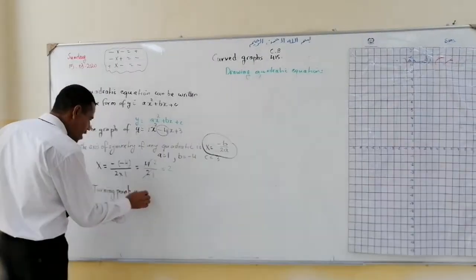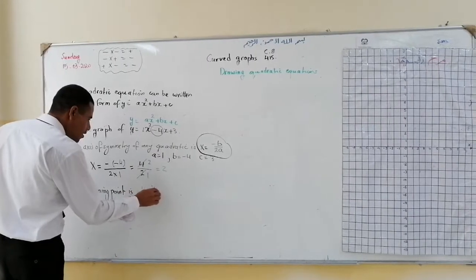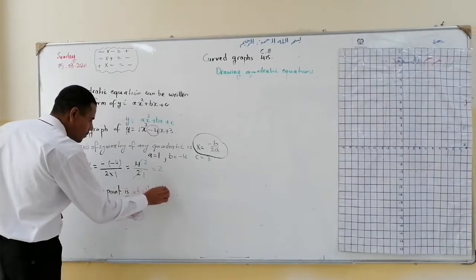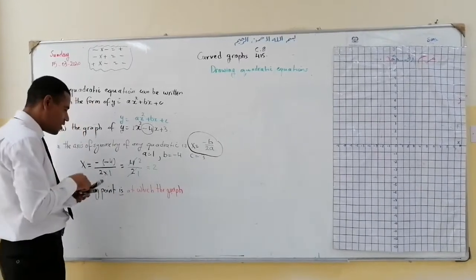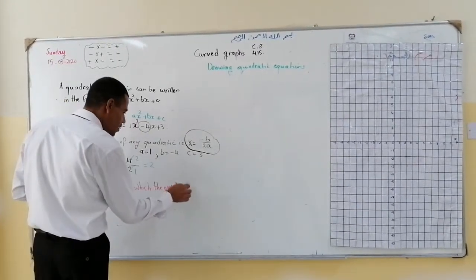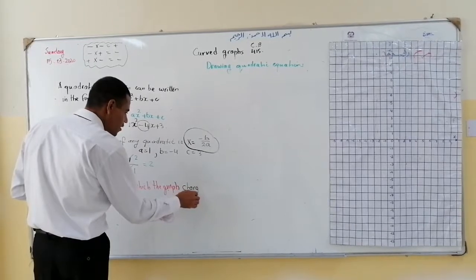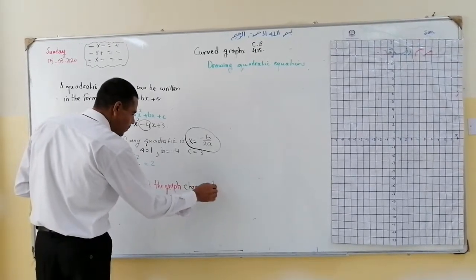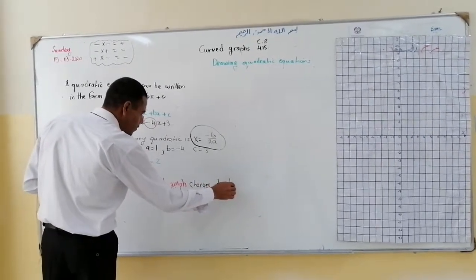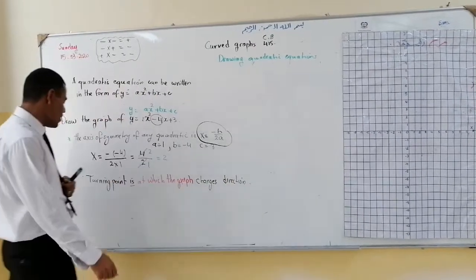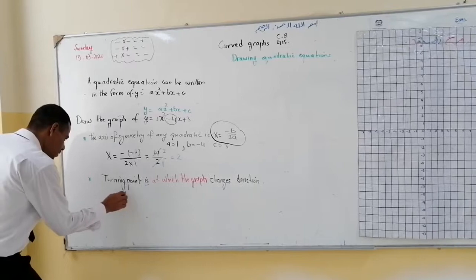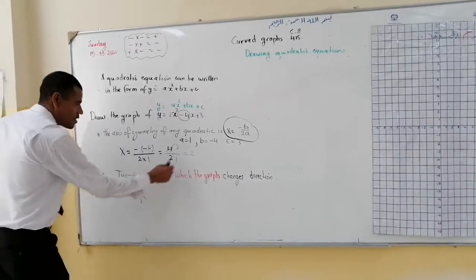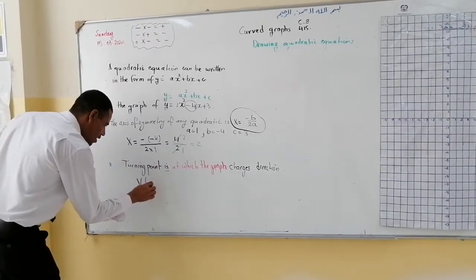Changes direction. Okay. So now my kids, I will label the first point as B. This is x. x is the axis of symmetry. I will just write 2.